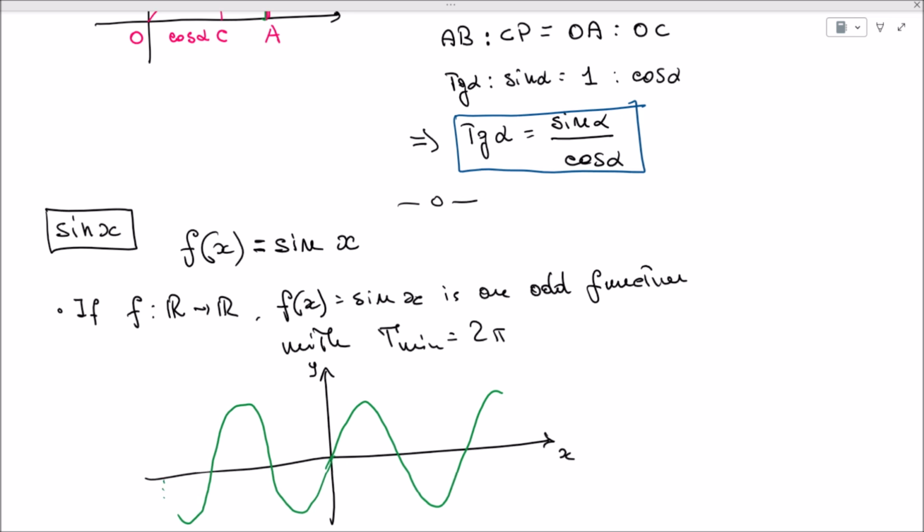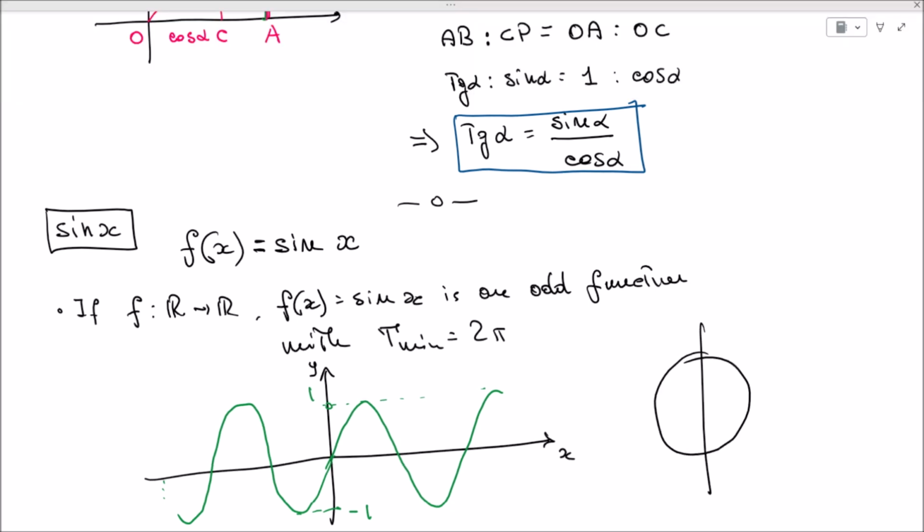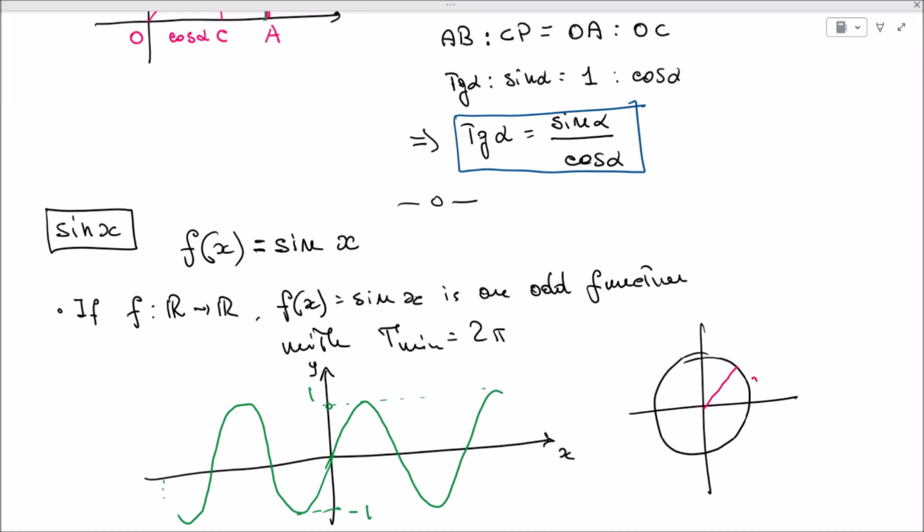And it is always between -1 and 1, and we clearly see that this function is an odd function because if we refer back to the unit circle, clearly we see that if we consider this x and this minus x, this is the sine of x and this is the sine of minus x. We clearly see that the sine of minus x is equal to minus sine of x.